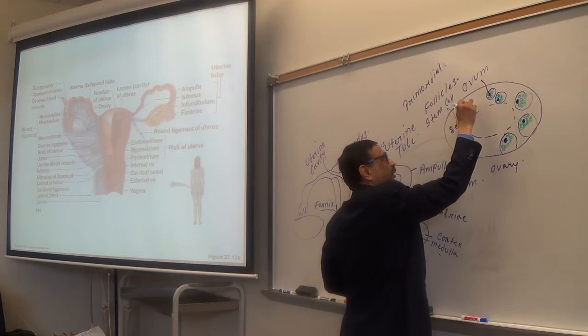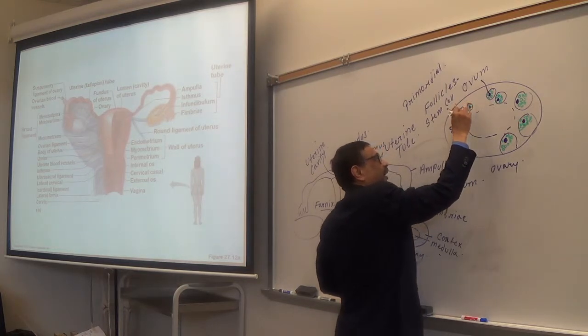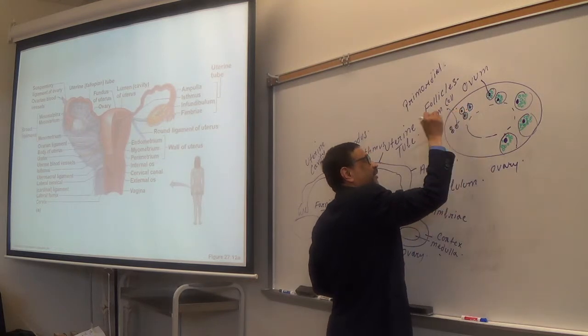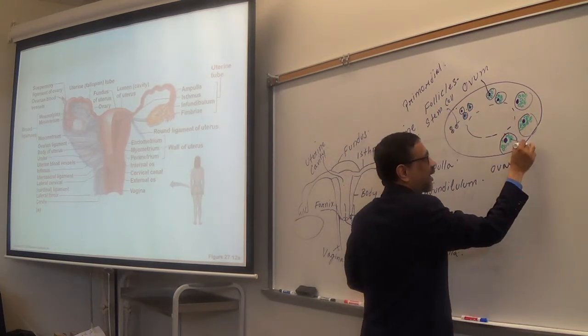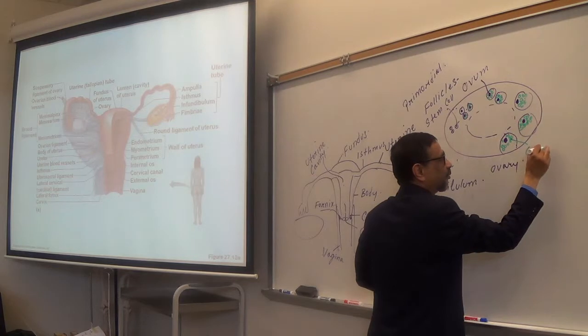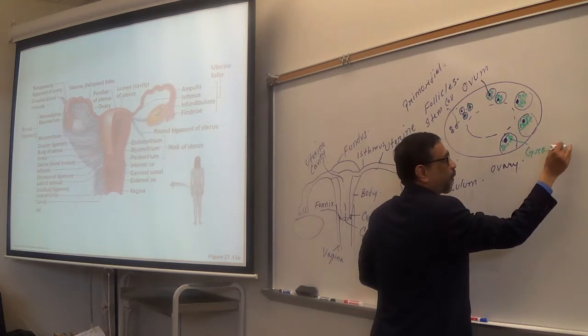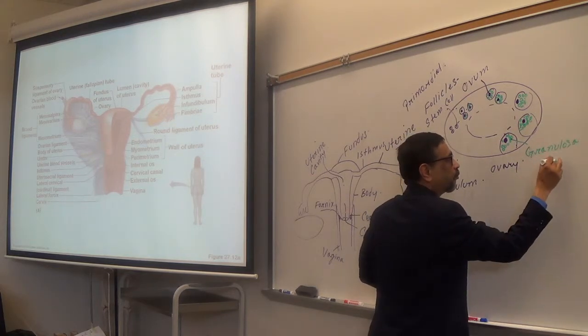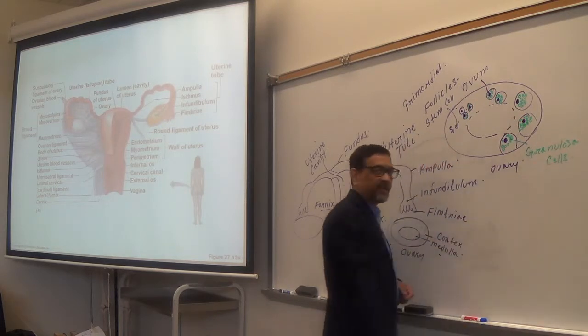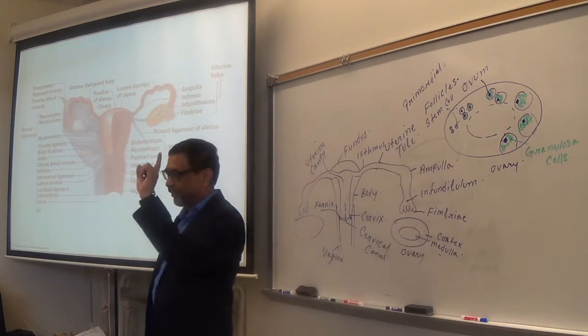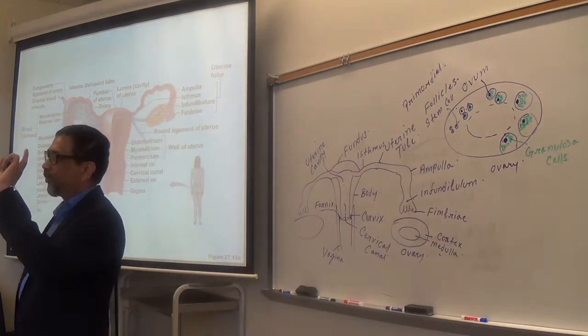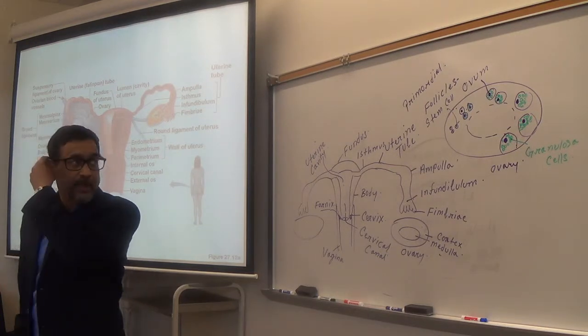So a follicle has an egg or ovum and other cells, those are granulosa cells. So many granulosa cells, but only one what? Ovum or egg. Make sense? Okay.